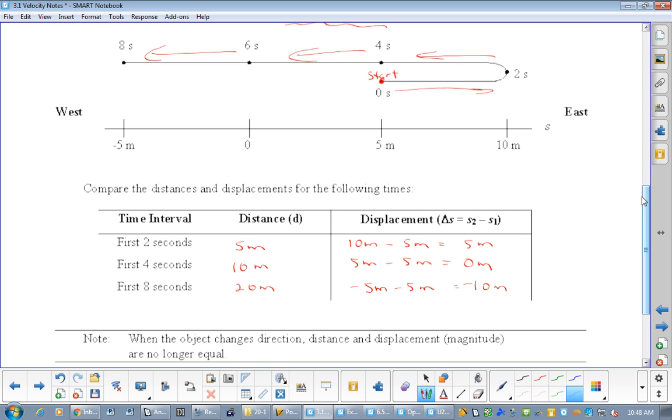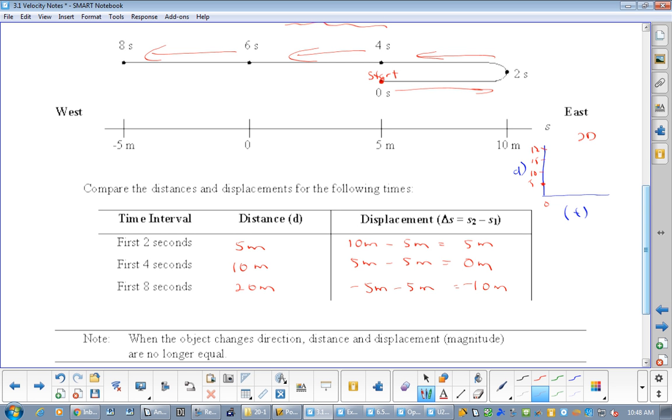Now, just to give you some bearing on what a two-dimensional graph would look like, because you're really used to two-dimensional graphs. If this is time and this is distance, we started at 5.